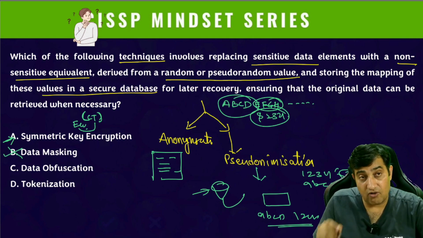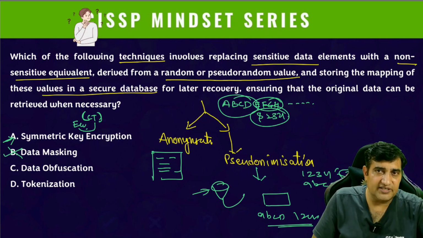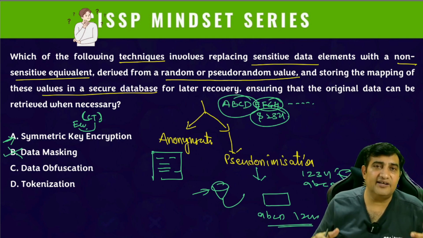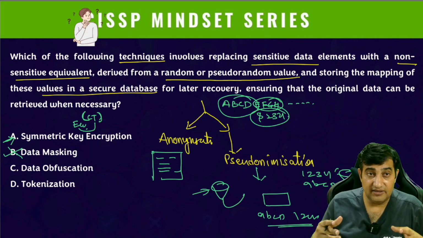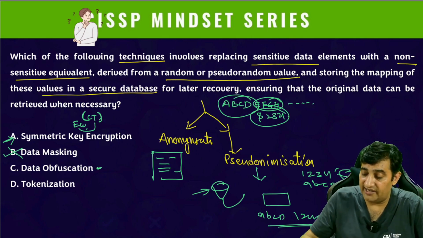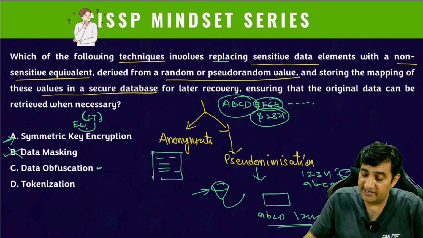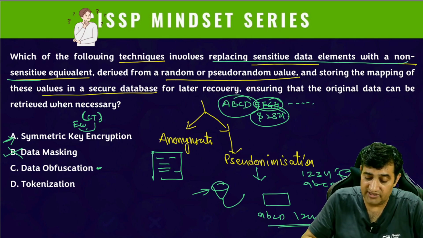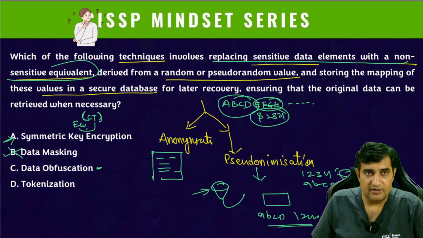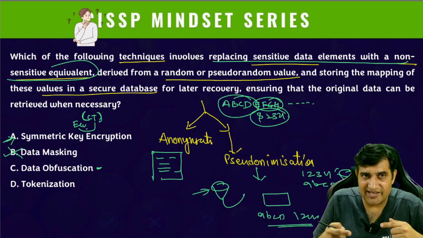Then data obfuscation. Data obfuscation is a very broad term which says hiding the data, and it is not just saying hiding the data. It says replacing sensitive data elements with a non-sensitive equivalent. That means some processing is happening there, right?